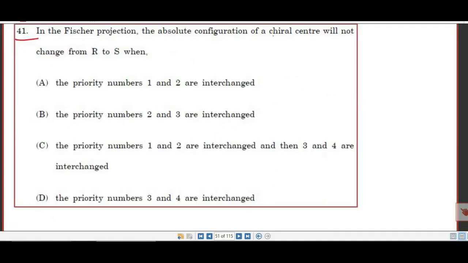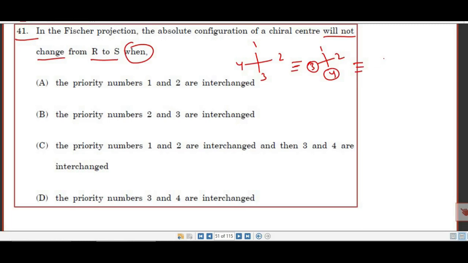Question number 41. In Fischer projection, the absolute configuration of a chiral center will not change from R to S when... See, in Fischer projection, if you get 4 here, you have to do an even number of changes. It's a 4 here and 3 here. 1, 2. Again, 1 here, 2 here.